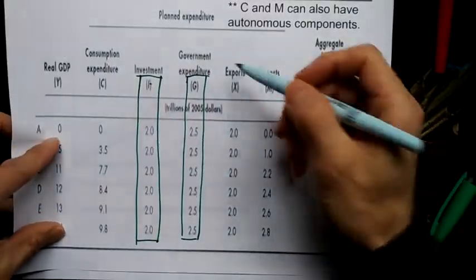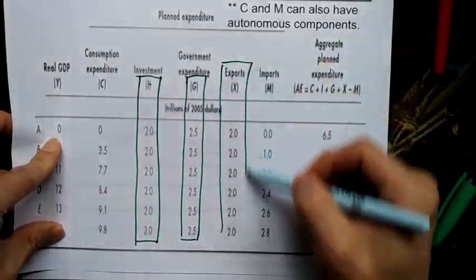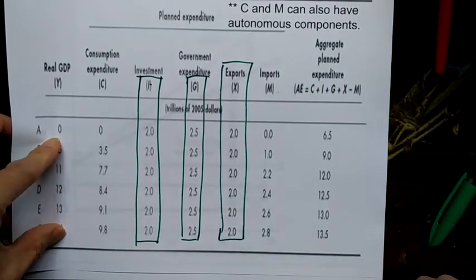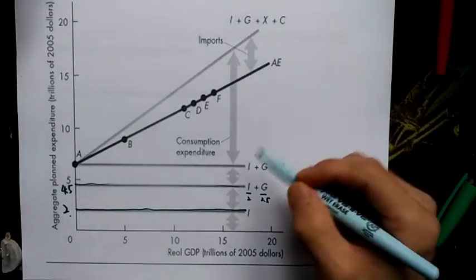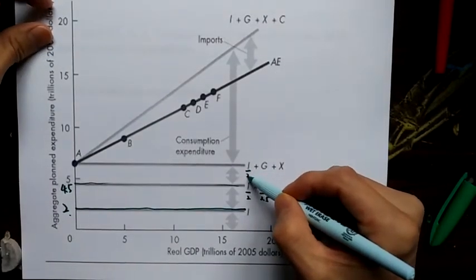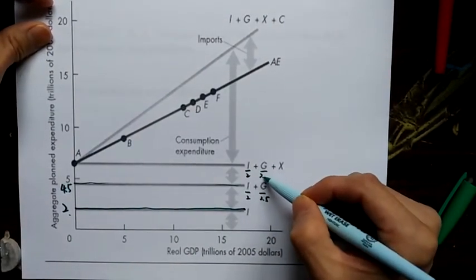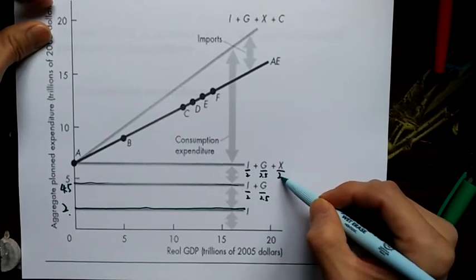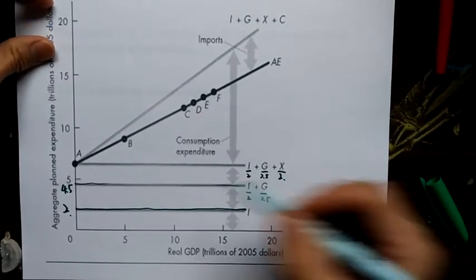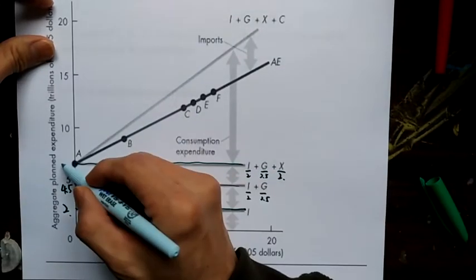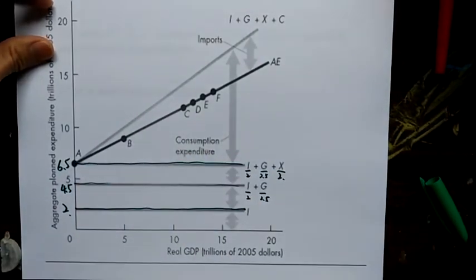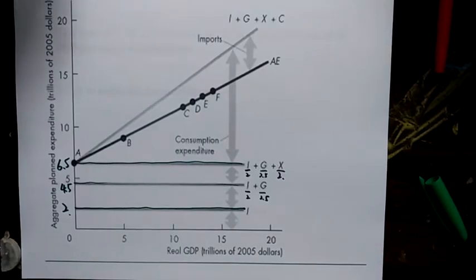The third part, export, is equal to 2, no matter what income is. Therefore, I 2 plus G 2.5 plus X 2 is also a flat line, which is 6.5.